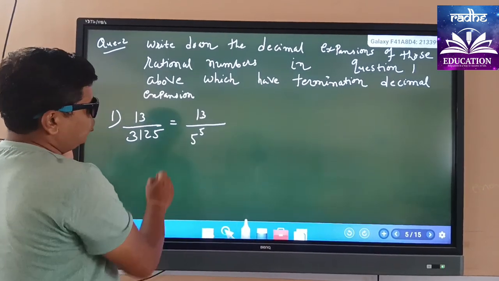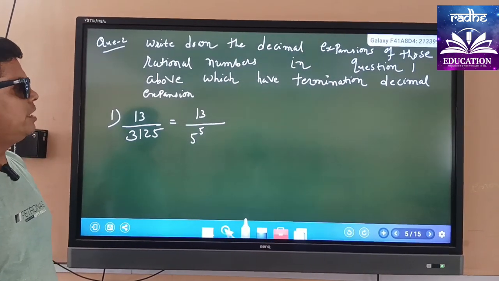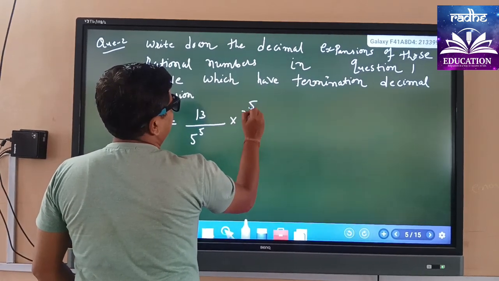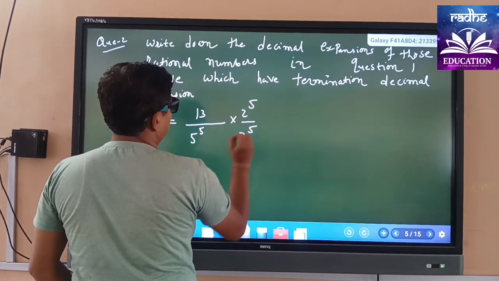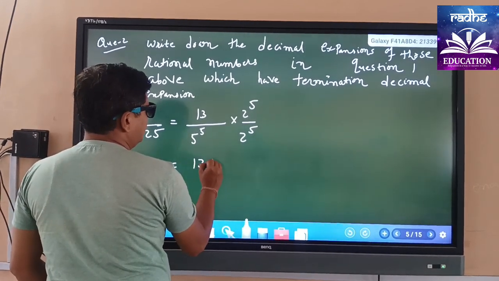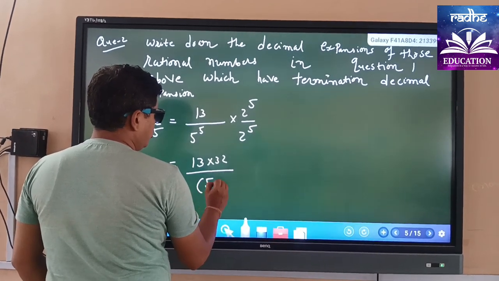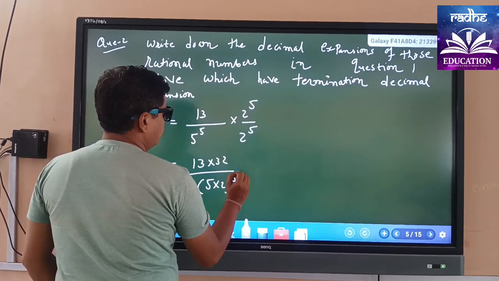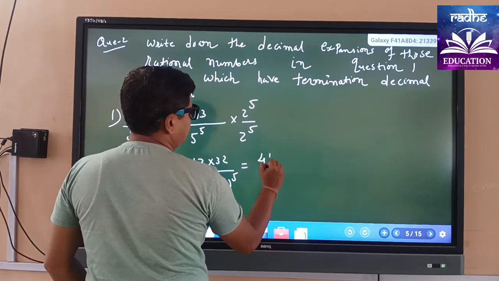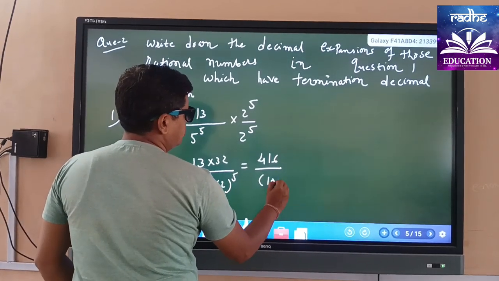To convert into a terminating decimal expansion, we have to multiply and divide by 2 raised to 5. So we get 13 into 2 raised to 5, which is 32, over 5 into 2 raised to 5. 13 into 32 we know is 416, and the denominator is 10 raised to 5.